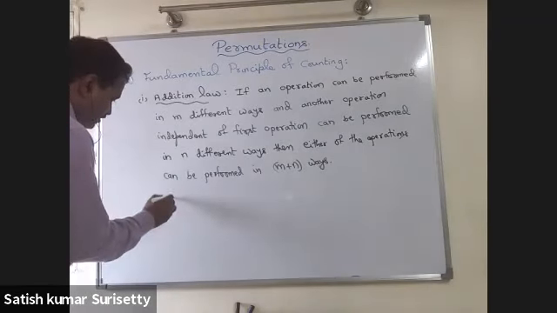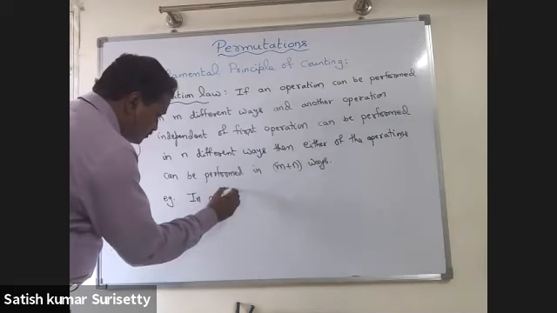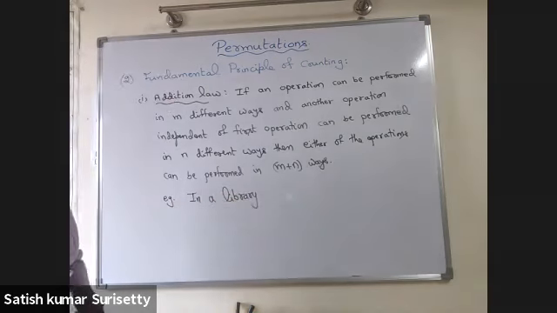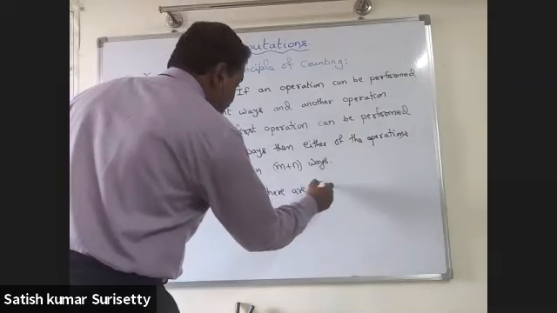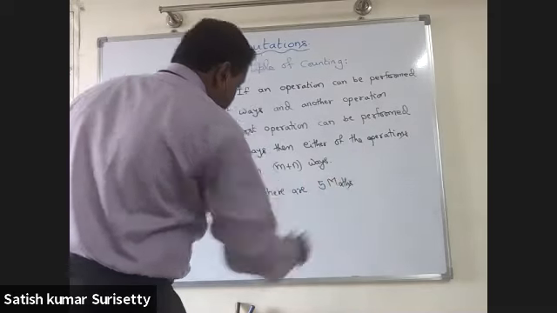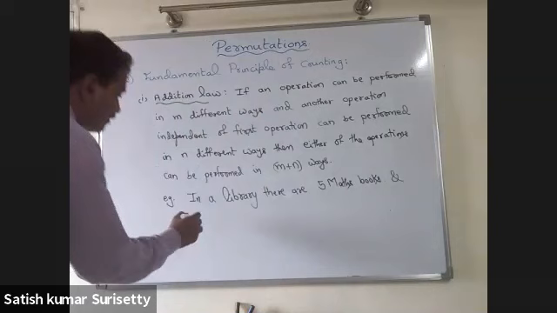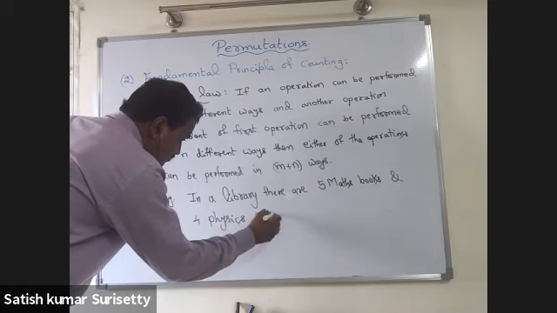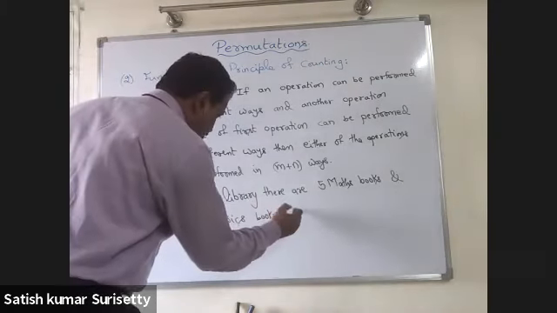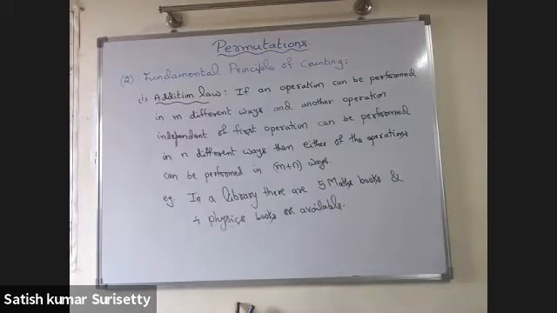What does independent mean? Example, in a library, there are 5 math books and 4 physics books available.